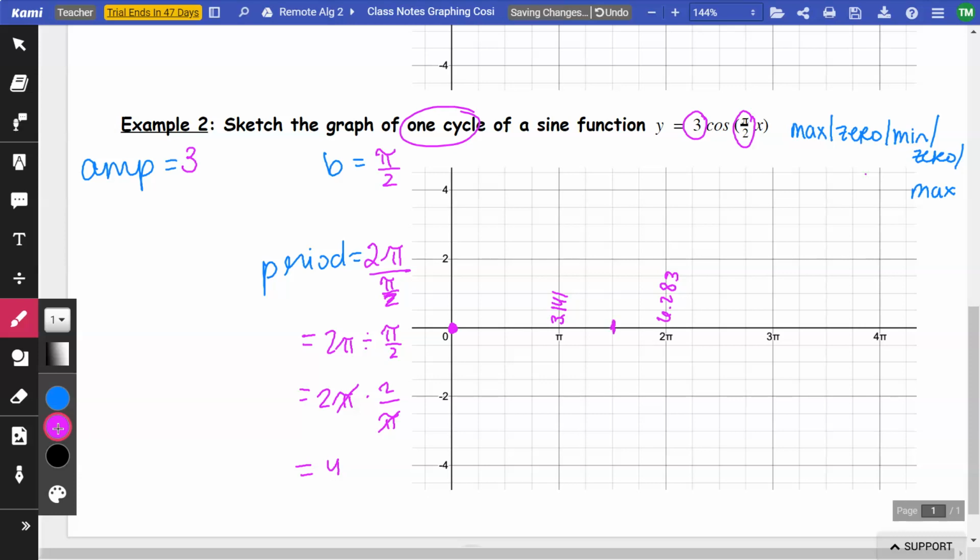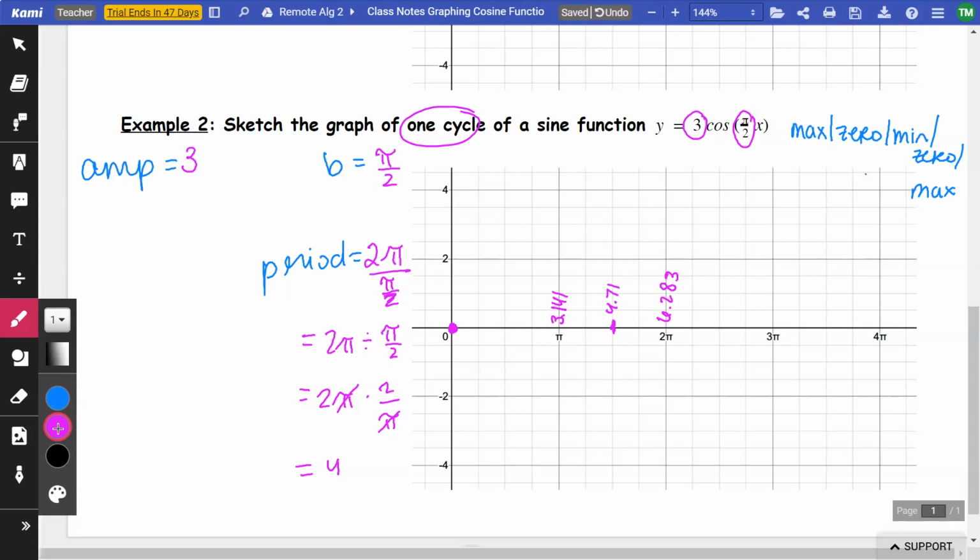Let's see, I'm just taking this 6.283 minus 3.141. And of course that's pi. That was ridiculous. Divide it by 2, then add it to 3.141, and we get 4.71. So 4.71.